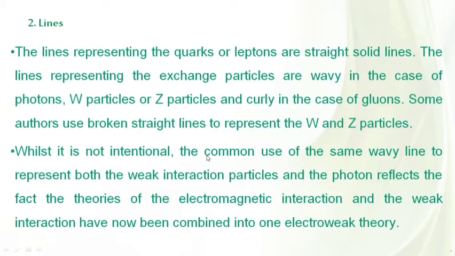The common use of the same wavy line to represent both the weak interaction particles and photons reflects the fact that the theories of electromagnetic interactions and the weak interactions have now been combined into electroweak theory.